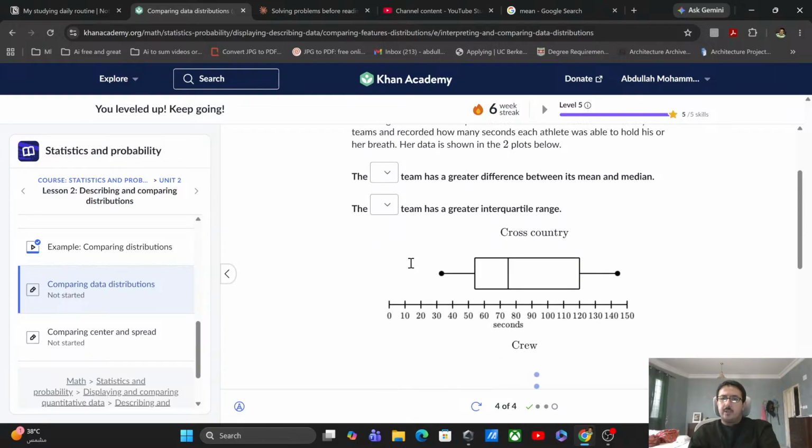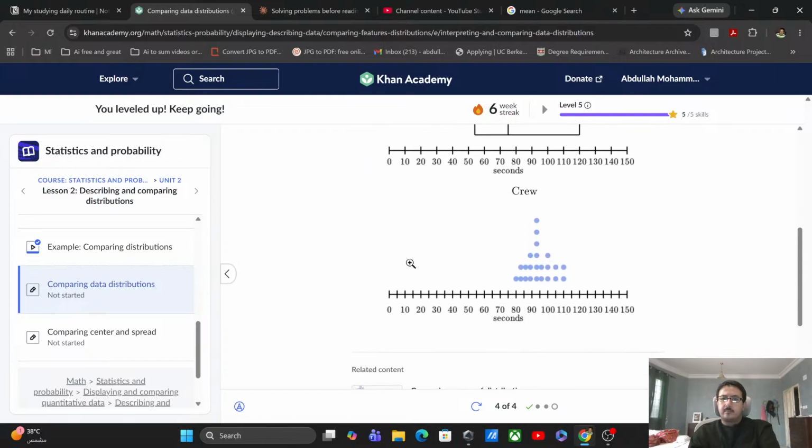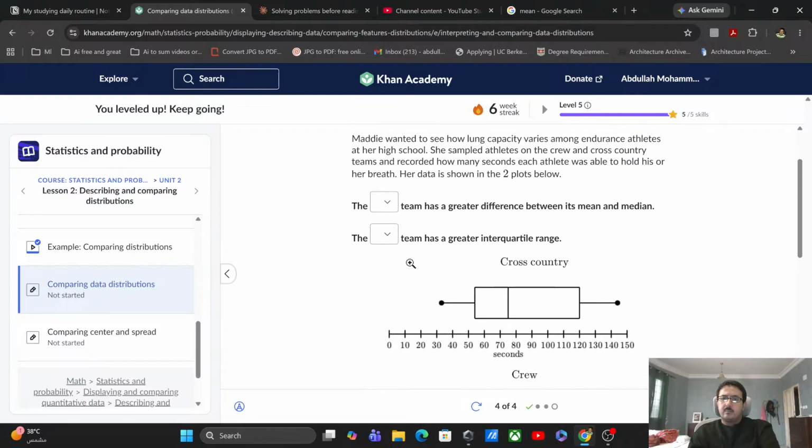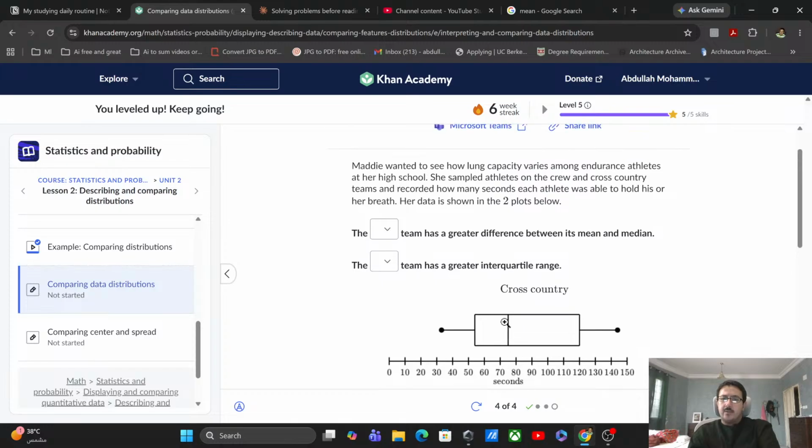The difference between its mean and median. Team has a greater difference between its mean and median.